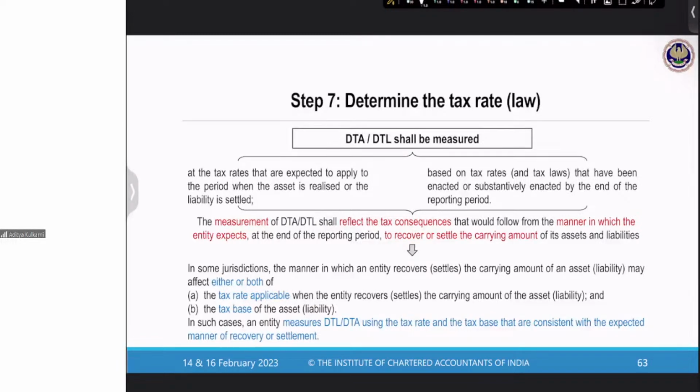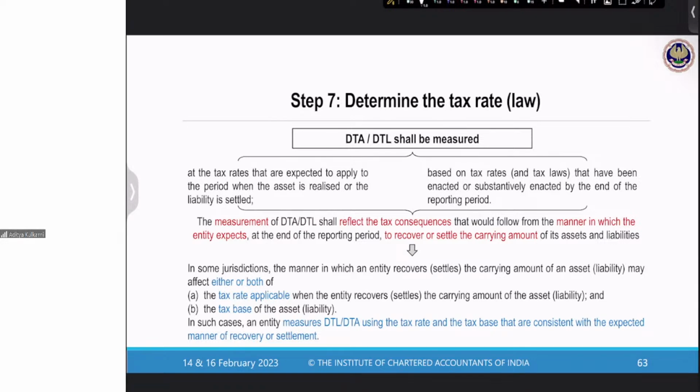Coming to the tax rate, sir, which rate do I use? Do I use the current tax rate in force, or the rates which are substantively enacted? Deferred tax is going to be settled in the future, so I cannot use today's tax rate. I can use only the future tax rate. Sir, how do I know what the future rate is? Today the budget has come.